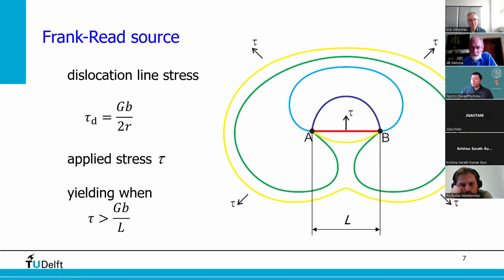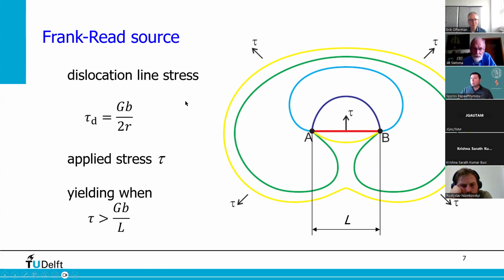When you apply a stress, the dislocation wants to move, but it's pinned in A and B, so it bows out into a semicircle. If you increase the stress further, this circle bows out further, and in the end, when these 2 parts meet here, they annihilate, and you're left with the yellow one, the big circle around the source, and again the same segment, which can therefore do the same thing again.